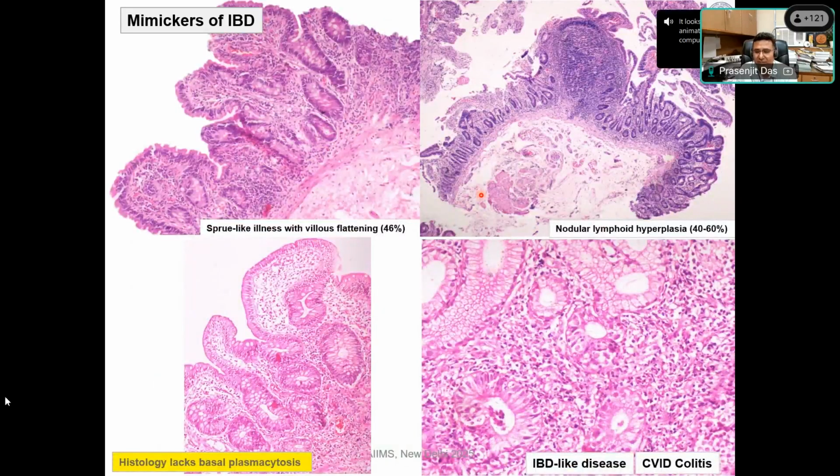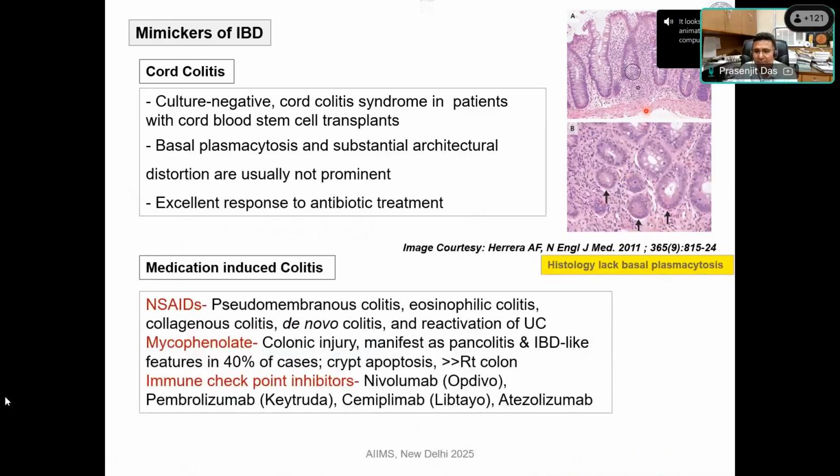Other differential diagnosis can be CVID, just to tell you. CVID may show IBD-like colitis. You can also see cryptitis and crypt abscesses, but mature plasma cells are not there. An associated infection we commonly see, like Giardia. It can be a cord colitis, or most importantly for you, in all cases, if it is not ruled out, please consider a possibility of DIEs, that is drug-induced enteropathy syndrome.